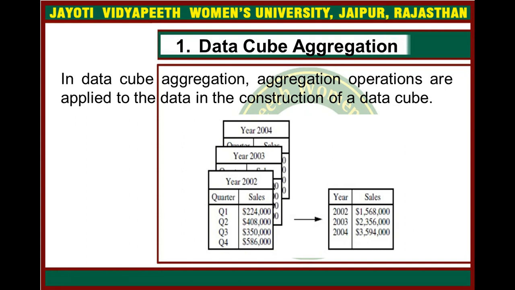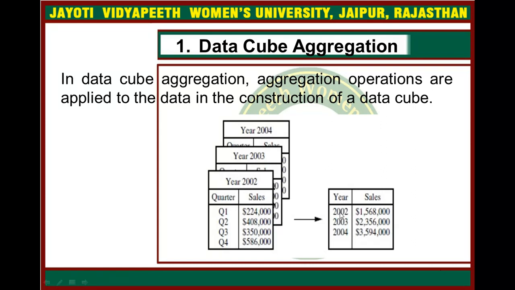Hence the data can be aggregated so that the resulting data summarize the total sales per year instead of per quarter. Okay, so if your manager asks for the sales report of the year, this is fragmented in terms of quarters, but we want the yearly report, not quarterly, so we have to merge this data. Okay, so you can say we reduce that.